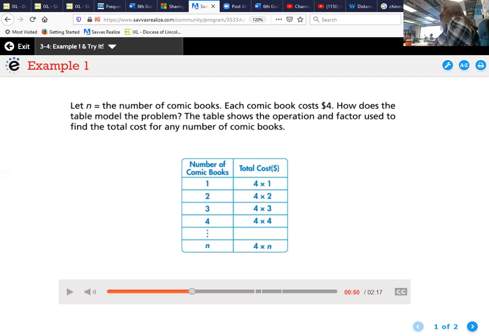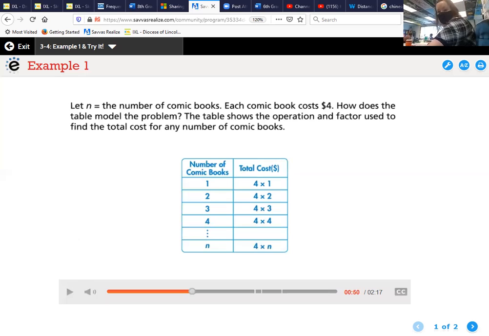Okay, do we need to make a chart that lists every possible number of comic books you could buy? No, we can use n, and that's what they show down here at the bottom. N represents any number. The pattern's always the same. You take the number of comic books purchased times 4.